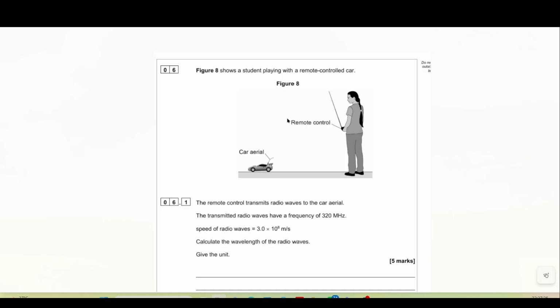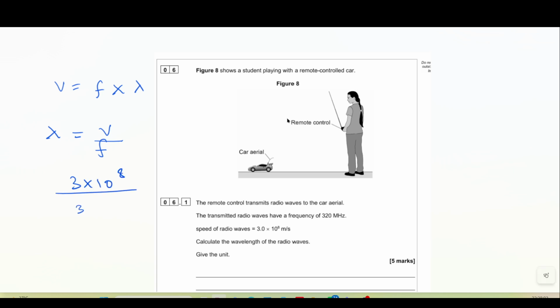So they give you wave speed and frequency. Wave speed equals frequency times wavelength, and wavelength is equal to wave speed divided by frequency.